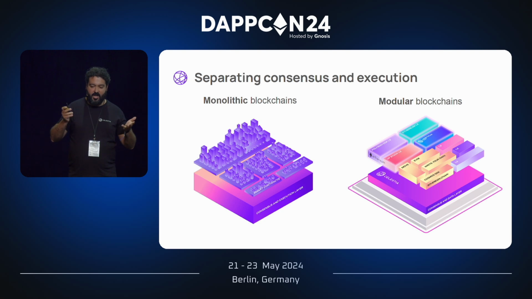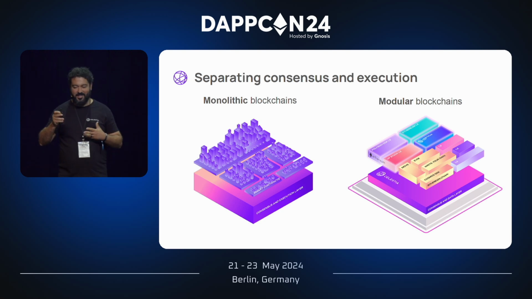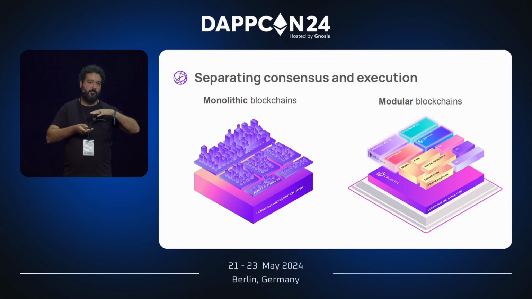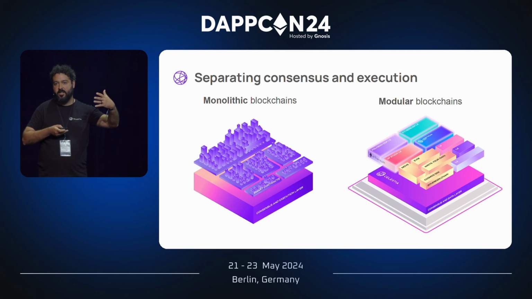Conceptually, as I'm repeating myself a bit here, monolithic chains have consensus and execution in one chain. Sometimes, with an Ethereum flavor or like Solana, they come with a virtual machine such that you can run smart contracts on top.